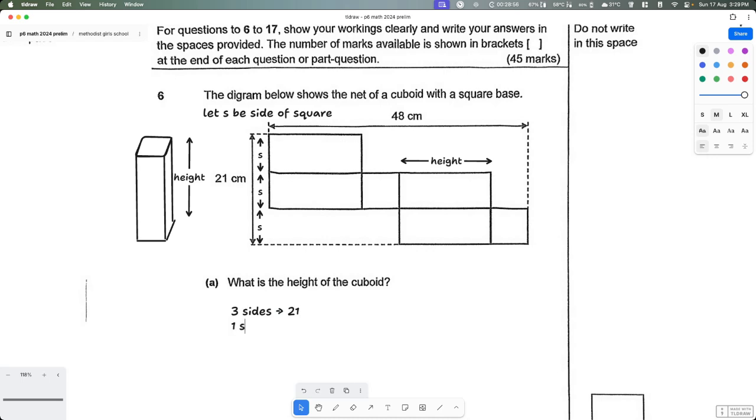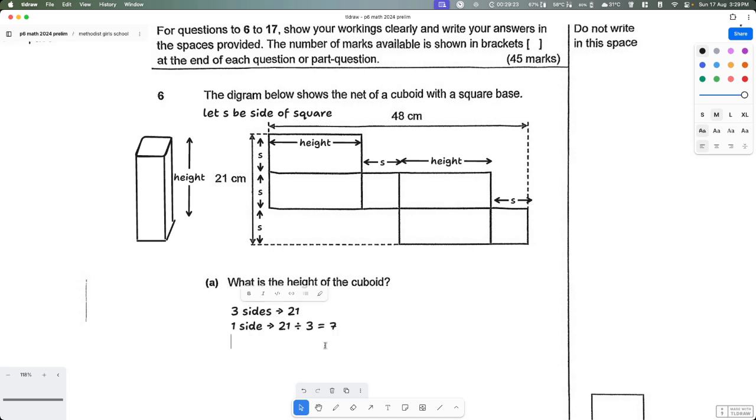One side is equal to 21 divided by 3, which is equal to 7. Then since we know this is an s as well, and this is also s, and this is height as well.